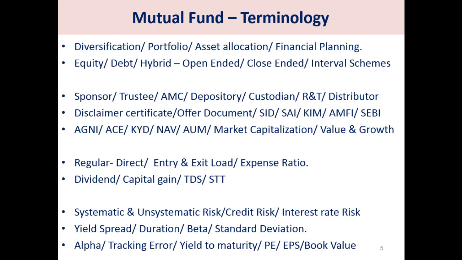Then you have a depository where you keep all your electronic shares. Individually you also keep them when you open a demat account, and of course mutual funds use depository services for keeping all the shares that they have. So depository, and then you have custodians, then you have RNT, that is registrar and transfer agents, and then you have distributors. So these are the new words you will come across.